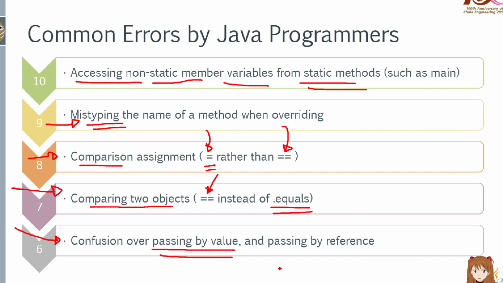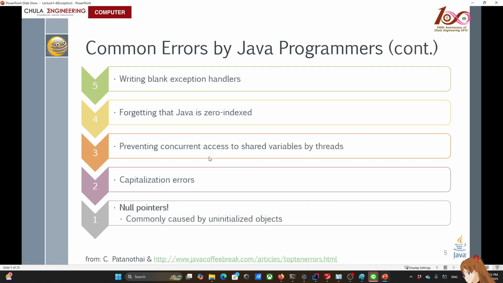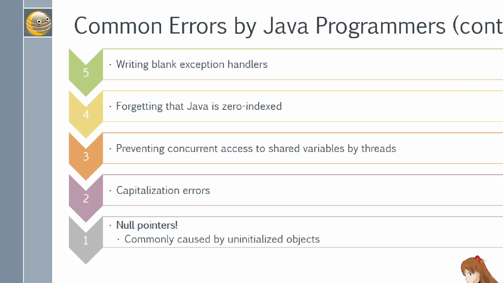And this confusion can cause incorrect expectation of the return value or of the changed value. Alright? So, in the process, causing the program to incorrectly work out its result. Okay? Right?